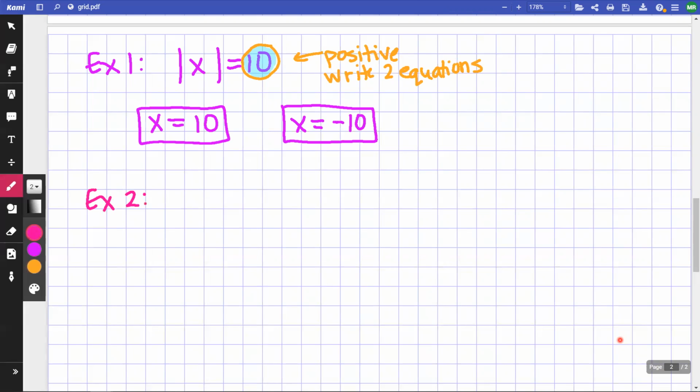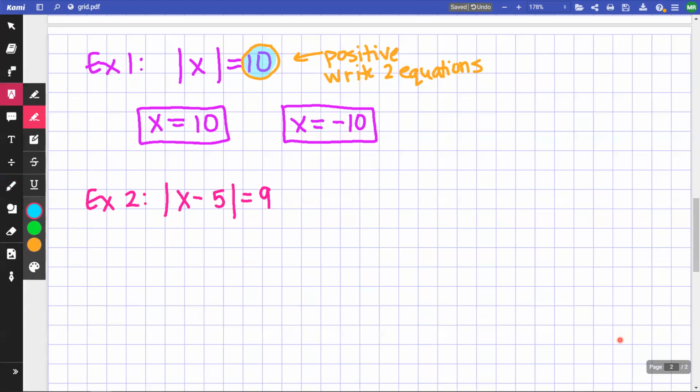Example 2. Let's say we take it up a step and we have the absolute value of x minus 5 is equal to 9. So again, we check to make sure our absolute value is isolated, and it is, it's by itself.